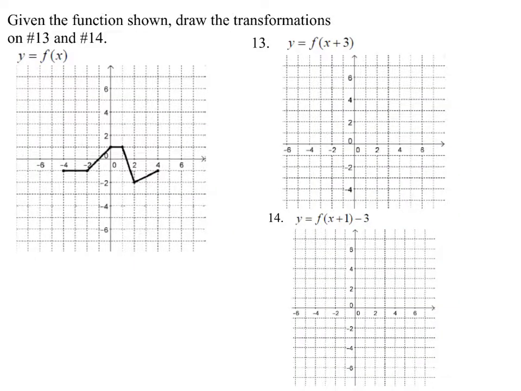Moving on, we have this function here on the left side, and we need to draw the transformations. So if you start with f of x, and then you change what's inside, it's going to move side to side, and you have to make sure you go the opposite direction that it says. So plus 3 would normally take you right 3, but since it's inside a function assignment, you're going to go left 3.